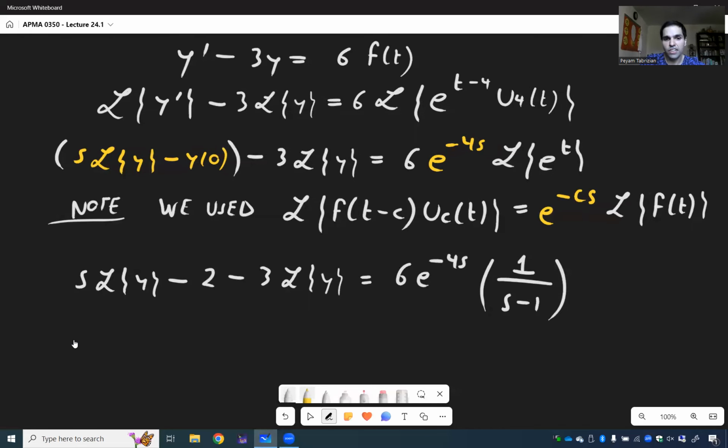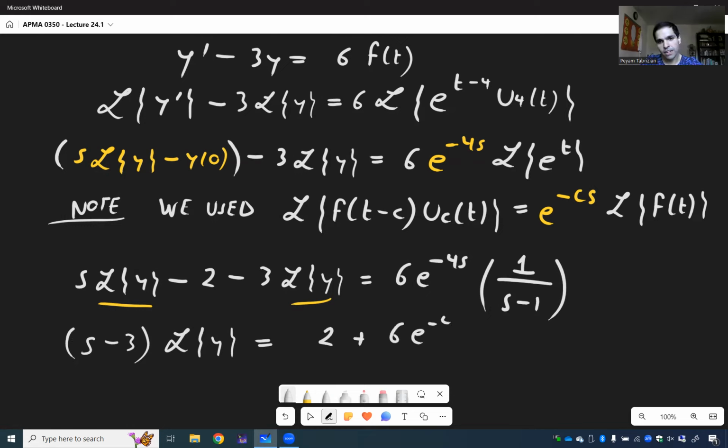And then you can factor out L of y. So I think s minus 3, L of y, then becomes, put the 2 on the right-hand side, so 2 plus 6 e to the minus 4s times 1 over s minus 1.